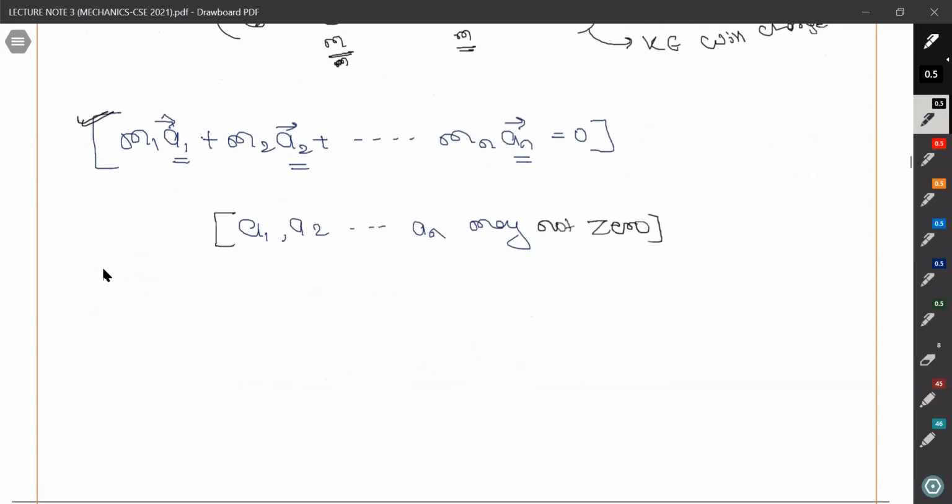So what we can say that here, if F external is 0, then what? P of center of mass is constant.